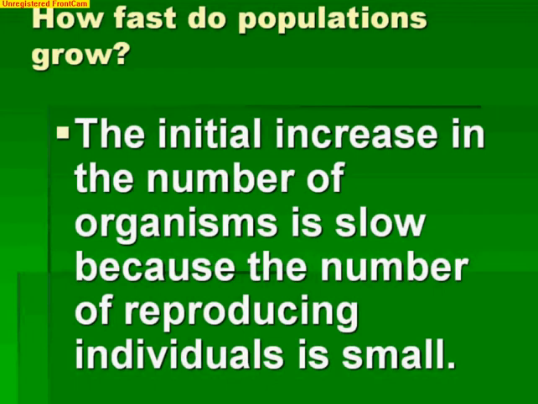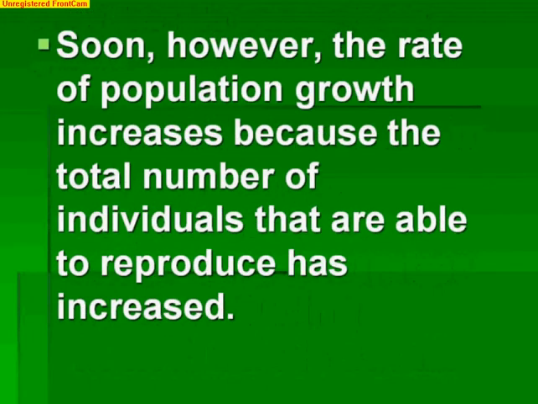Not a lot of adults capable of reproducing. You're not going to see that rapid an increase in growth. However, soon the rate of population growth will increase because the total number of individuals that are capable of reproducing has increased. So more adults capable of reproducing, you're going to see a more rapid increase in growth rate.